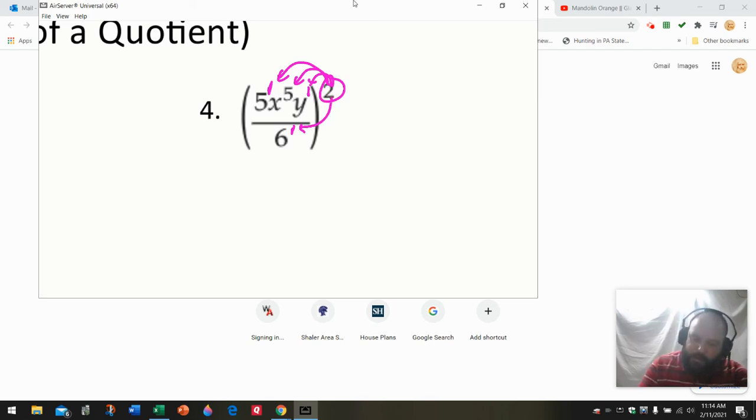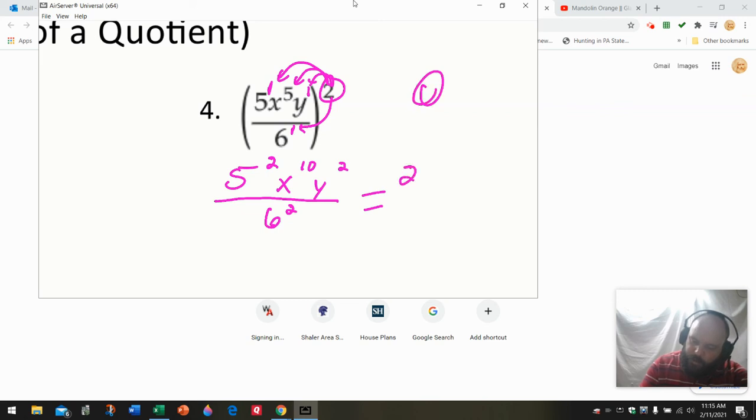So when I do that, I'm going to get 5 to the second, x to the 10th, y to the second, over 6 to the second, just like that. Okay, so that 2 multiplied every one of those powers. Now I'm going to simplify this a little bit. So 5 to the second is 25. Still having some issues with my stylus.